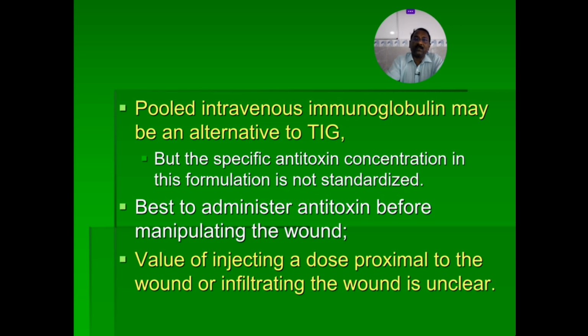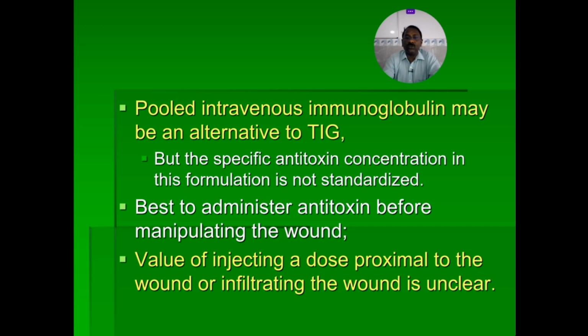Pooled intravenous immunoglobulins may be an alternative to TIG, that is tetanus immunoglobulin, but the specific antitoxin concentration in this formulation is not standardized. It is best to administer the antitoxin before manipulating the wound.